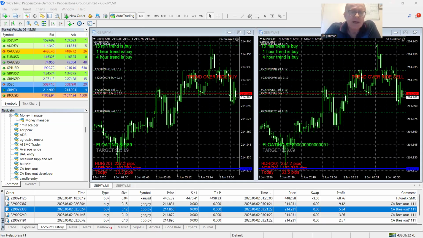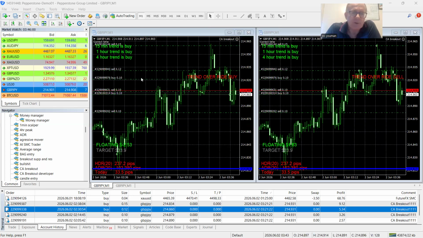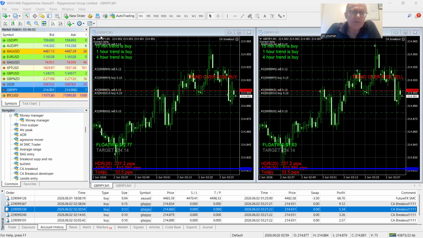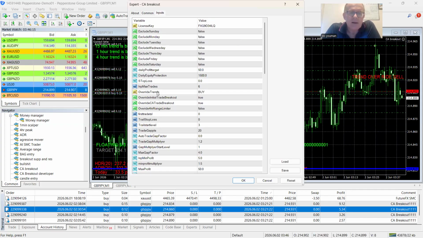And how we've set it up is we've put the CA Breakout software onto one chart, in this case pound yen, and we've used the override feature so that it will only take out buy orders. If we have a look at the settings, I've overridden the trend requirement so that it will always take out buys.